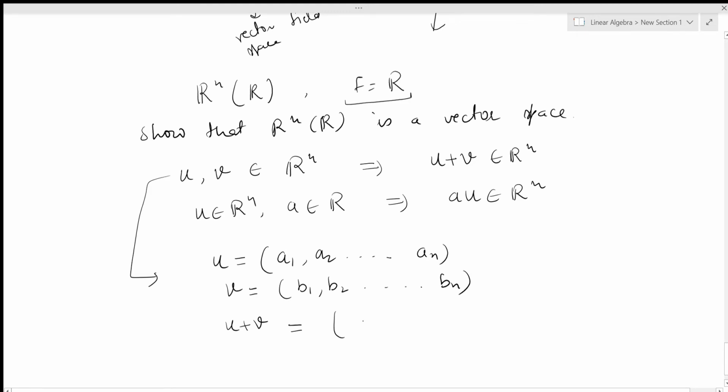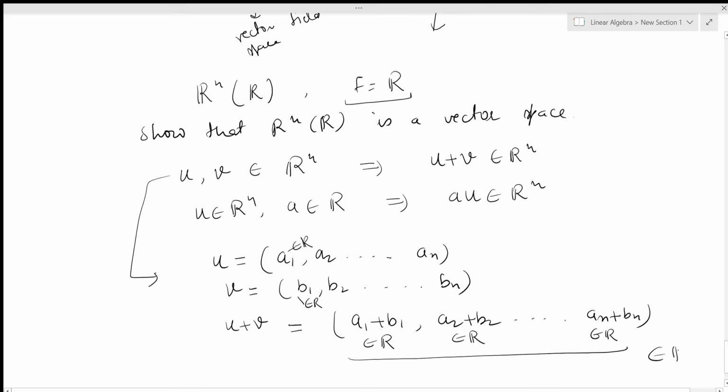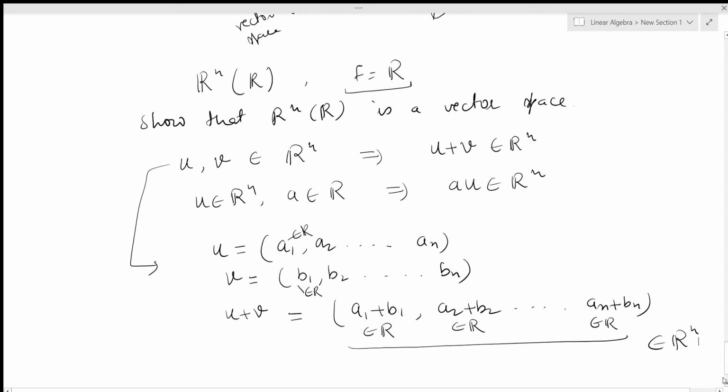So (a1 plus b1, a2 plus b2, and so on, an plus bn). If a1 belongs to the set of real numbers and b1 belongs to real numbers, then their addition also belongs to real numbers. So these components belong to real numbers. That means this n tuple belongs to Rn. So my first property is satisfied, that is closure with respect to addition.